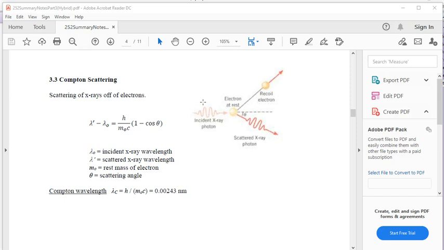Now, in that picture there, and I'm not sure how good the resolution is, I'll sketch it again in just a minute, but you have an X-ray coming in from the left, and this formula, I'll describe how you get this formula. This is known as the Compton shift formula. But the relevant parameters here, the wavelength of the incoming X-ray, we're going to call lambda naught.